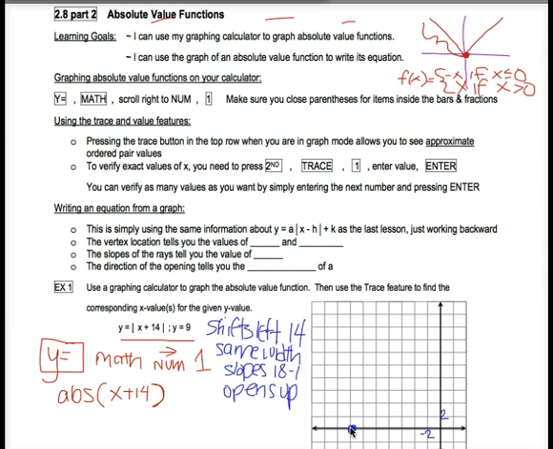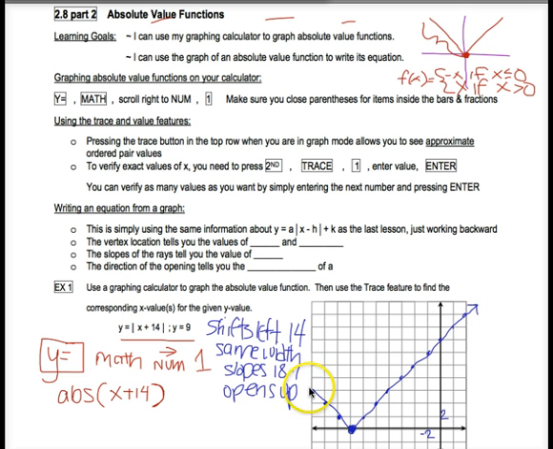My slopes, it's the same width, so that means one of my rays, if it's opening up, I go up 1, right 1, up 1, right 1, and so on and so forth. And I continue that all the way off the page. And then on the other one, I go up 1, left 1, because that is a slope of -1. So what I can see on my sketch looks like this.